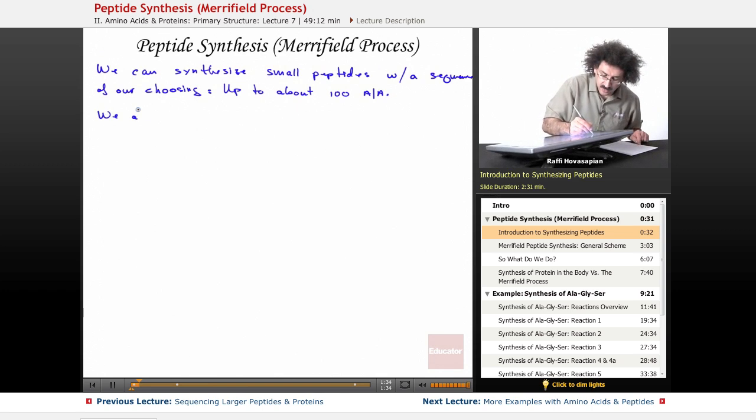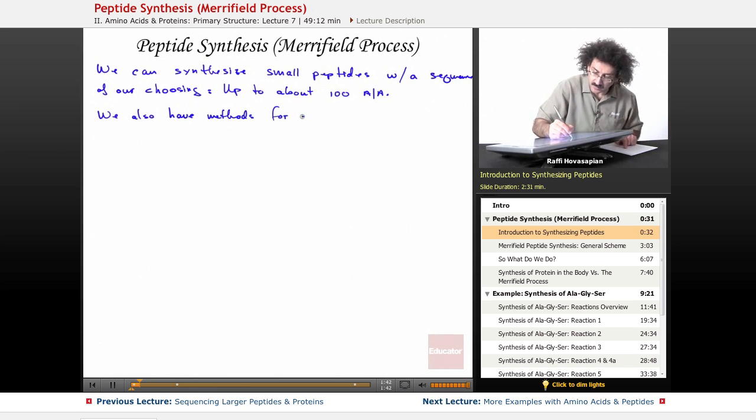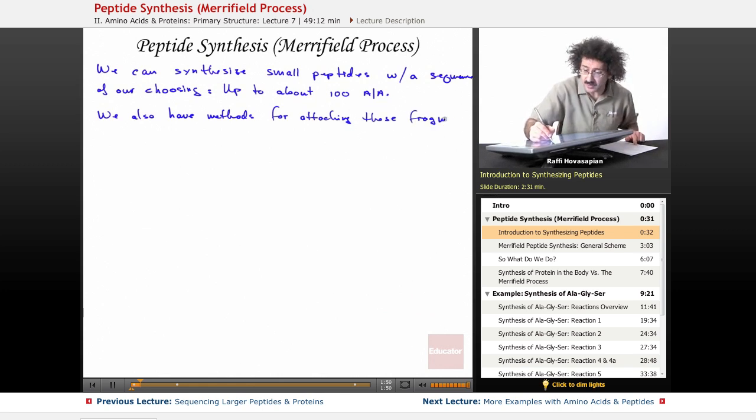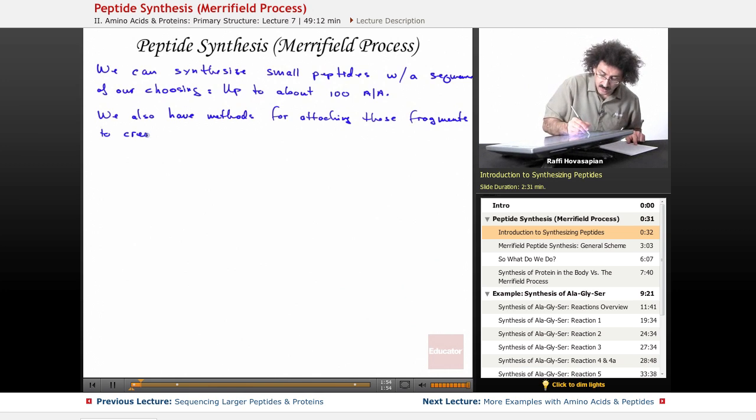And we also have methods for attaching these fragments to create larger proteins.